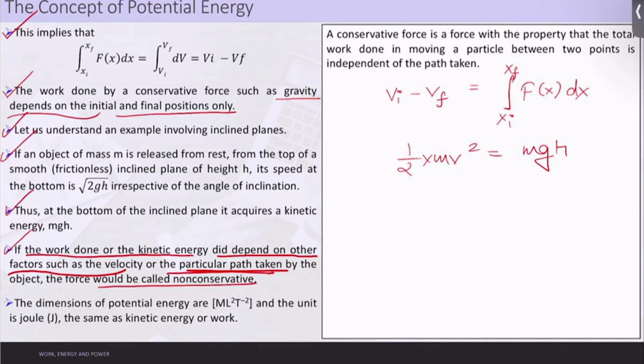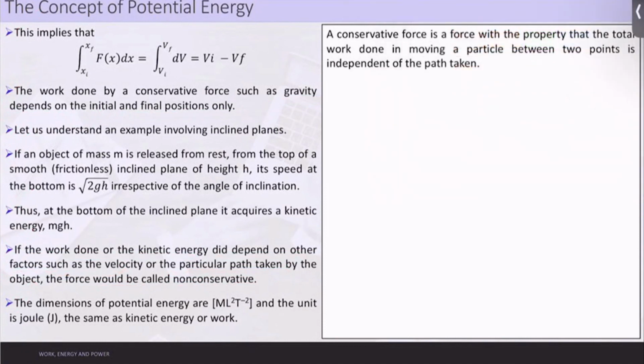Next is the dimension of potential energy. Let us calculate it. It is m into g into h. M is kg, g is meter per second square, and h is meters.